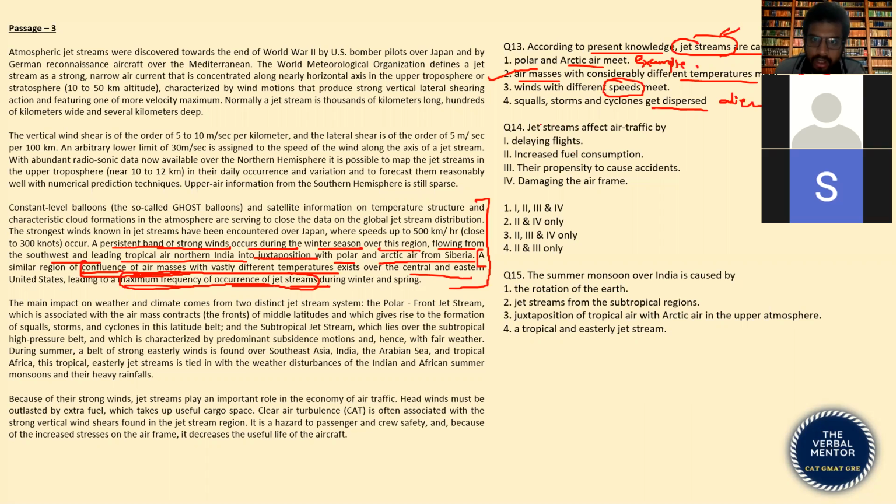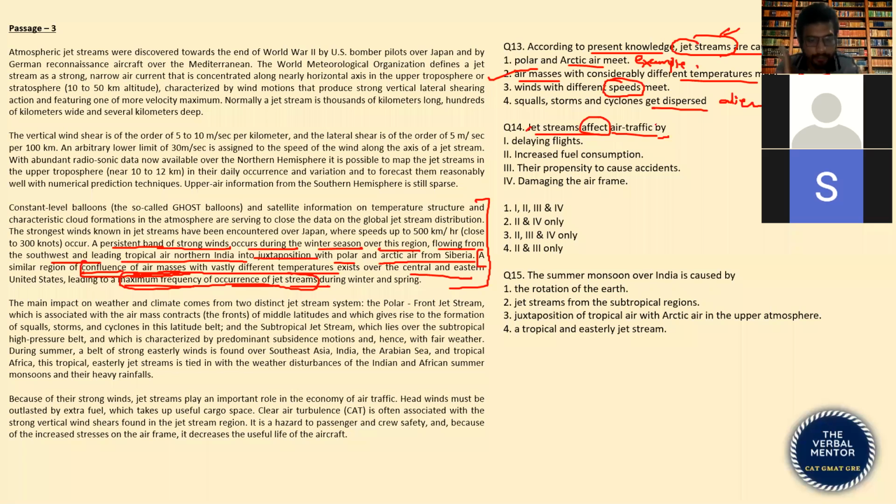Okay, moving on. Jet streams affect air traffic by. I think I can definitely answer this question. The question itself tells me that it is in my ken. Sometimes it is the question statement which fills you with confidence. Jet streams affect air traffic. The answer has to be explicitly written in the passage.